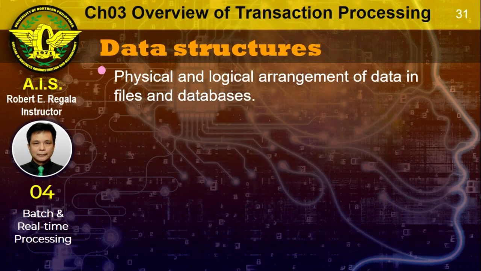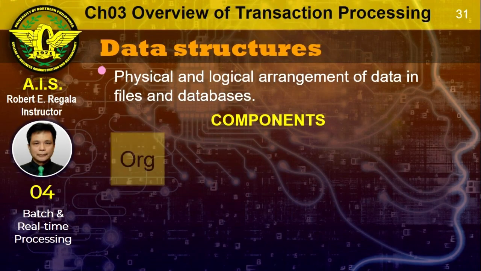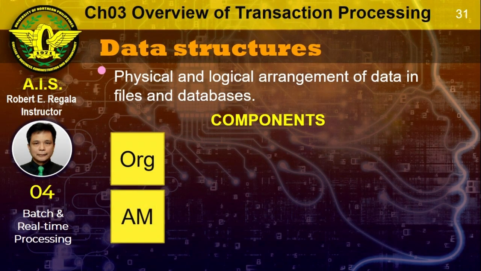Data structures constitute the physical and logical arrangements of data in files and databases. Understanding how data are organized and accessed is central to understanding transaction processing. Data structures have two fundamental components: organization and access method.